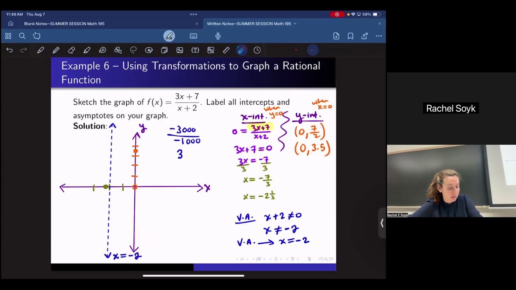So if you even plugged in -3 here, you would get -9 plus 7, which is -2, and then -3 plus 2, which is -1. So all the time, it's going to end up shooting out to be positive, right?